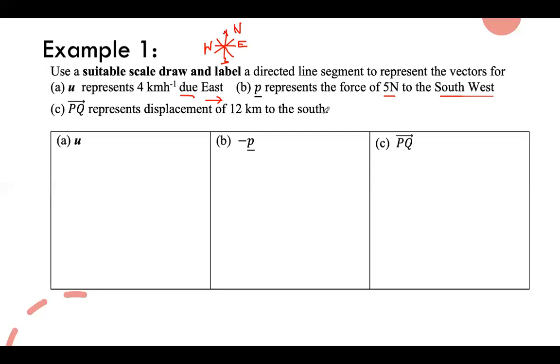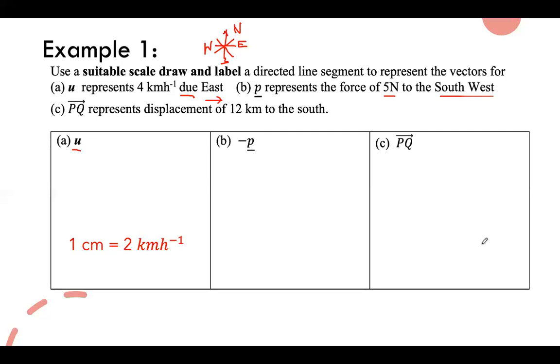Okay, so you're going to draw vector u, right? So we need to use a suitable scale. Here we use 1 centimeter to 2 kilometer per hour.